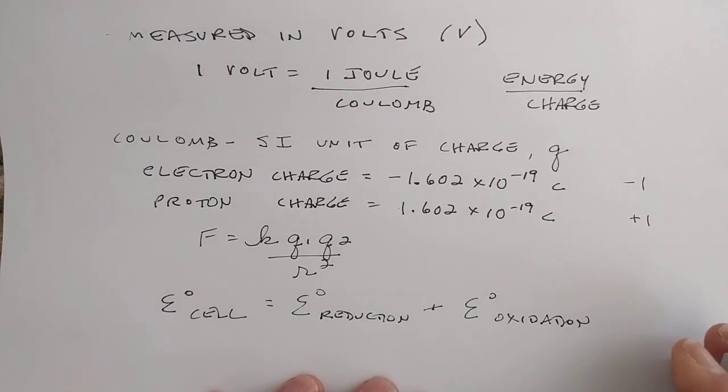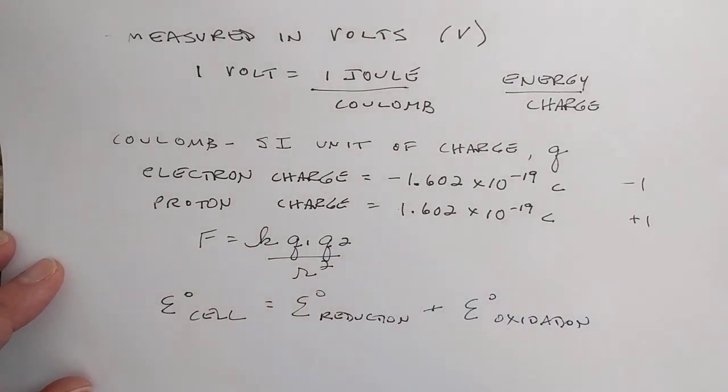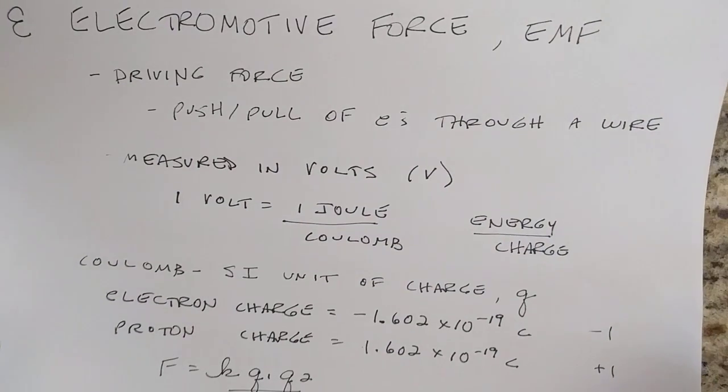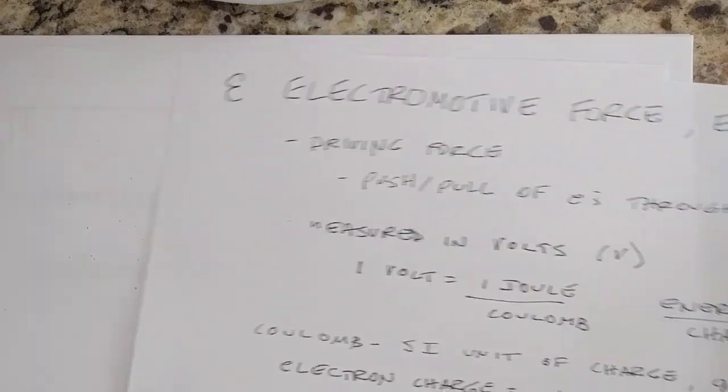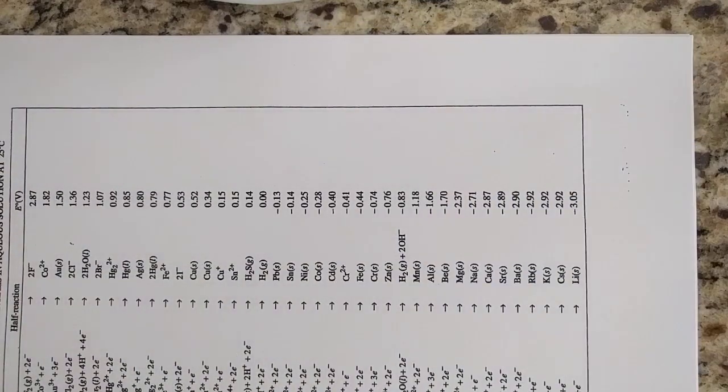So just like we can break our overall reaction down into half reactions, the electromotive force of the entire cell is equal to the reduction and the oxidation. So we want to calculate the E0 for our zinc copper cell, but first we have to look at how we're going to get these values. And what we're going to do is consult a reduction potential chart. Okay, so you should have printed that out, or you can look at your textbook.